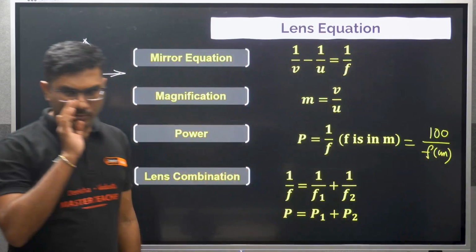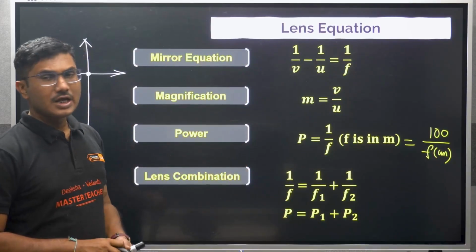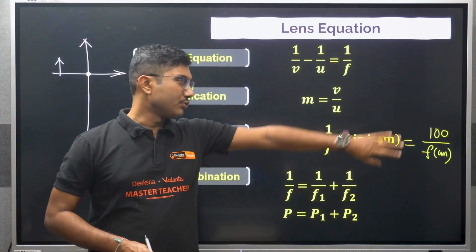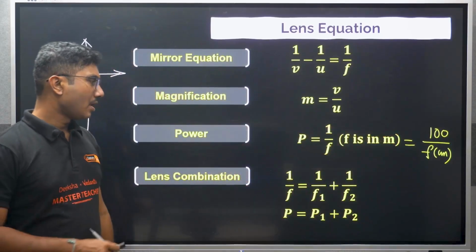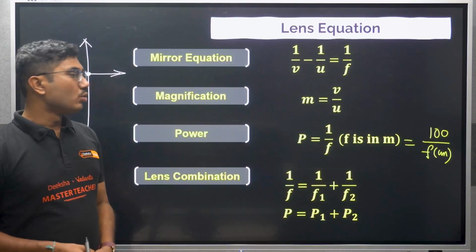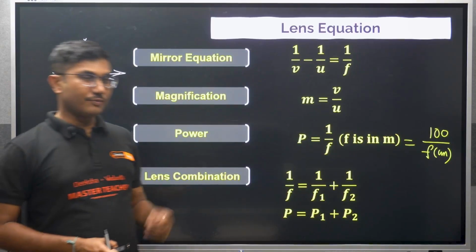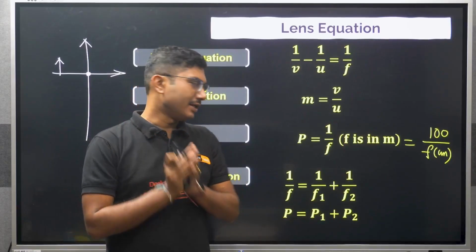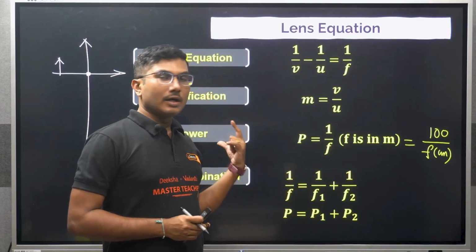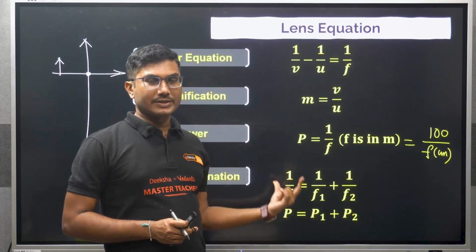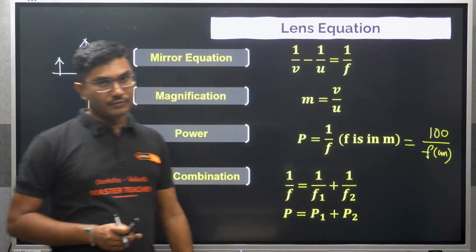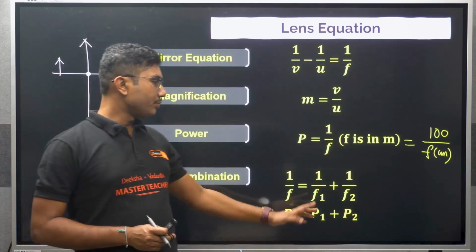In 90% of cases you will see that the focal length is given in centimeters, so you can use this formula. Now lens combination: when two lenses of very thin aperture are in contact, the combined focal length is given by 1 upon f = 1 upon f1 plus 1 upon f2. So P equals P1 plus P2.